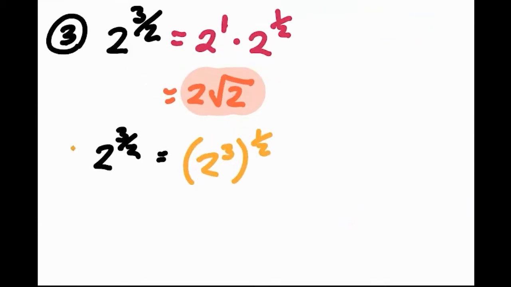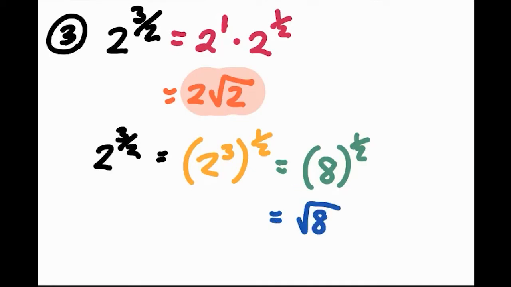And if you remember, this is a rule we already went over, because you can multiply these to get 3 halves. So 2 to the 3 power is 8. So we're doing 8 to the 1/2 power. 1/2 power means square root. So we're doing the square root of 8.